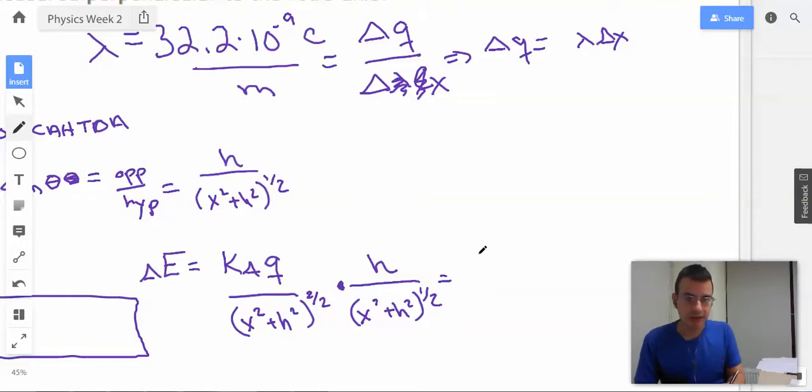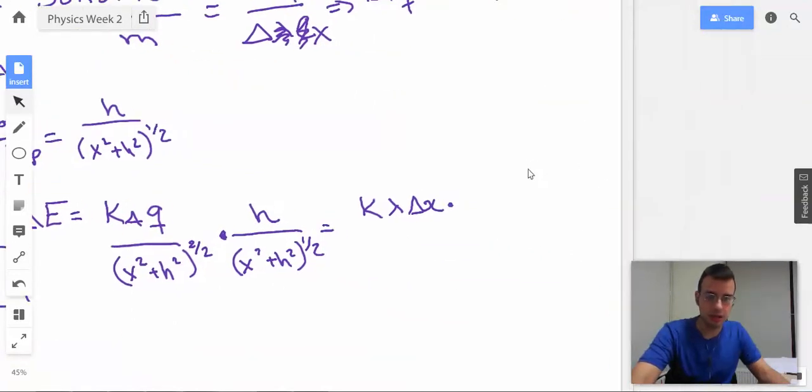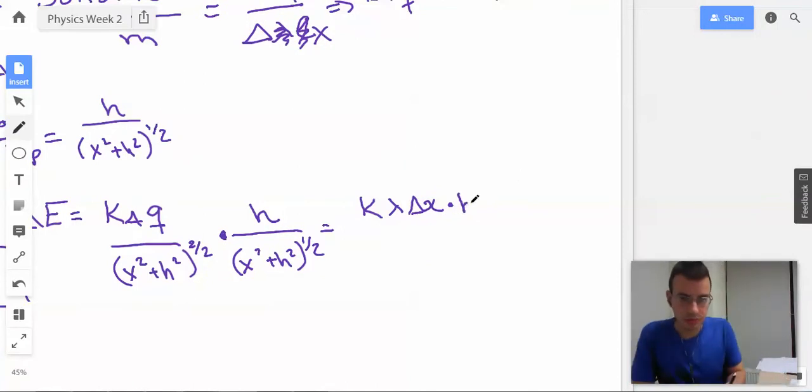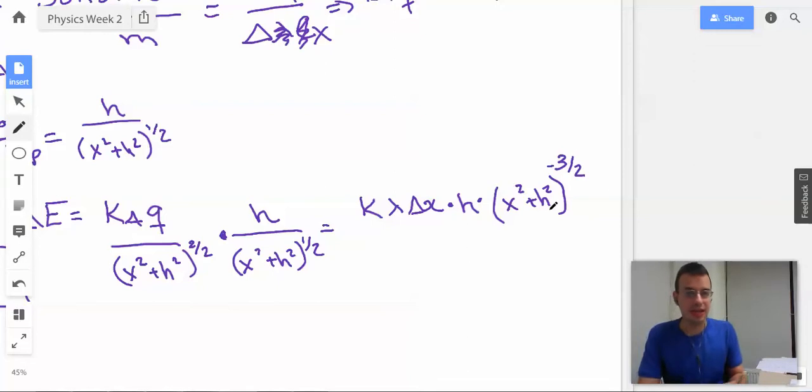So we have K lambda delta x times h times x squared plus h squared, and it'll be 3/2, so now it's going to be negative 3/2. And this is going to be equal to delta E.